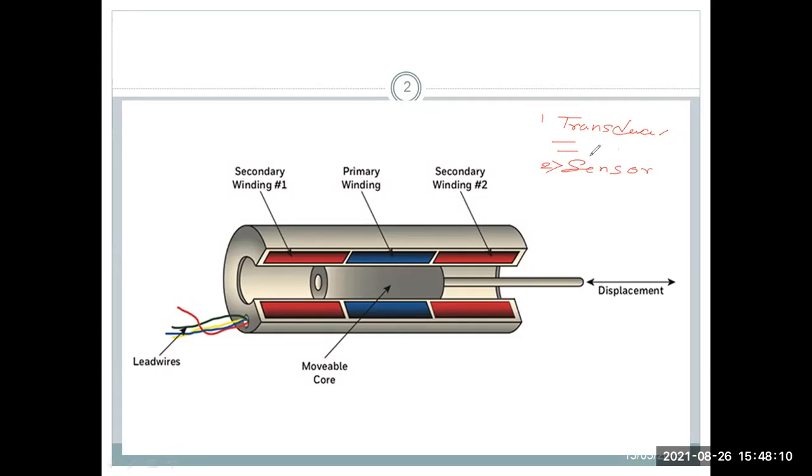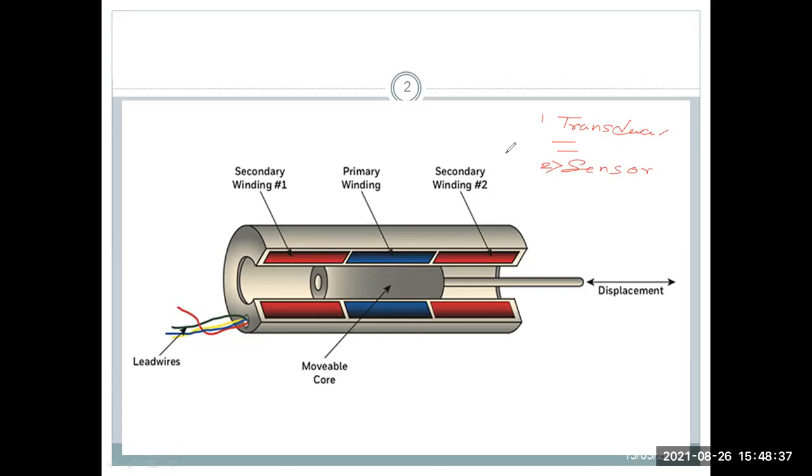So what is a sensor? A sensor is a device which can sense any physical phenomenon. Any physical phenomenon means, say, temperature. It may be the flow rate of water or any fluids, humidity, etc. So this is the physical quantity, or the physical phenomenon that occurs in our environment.